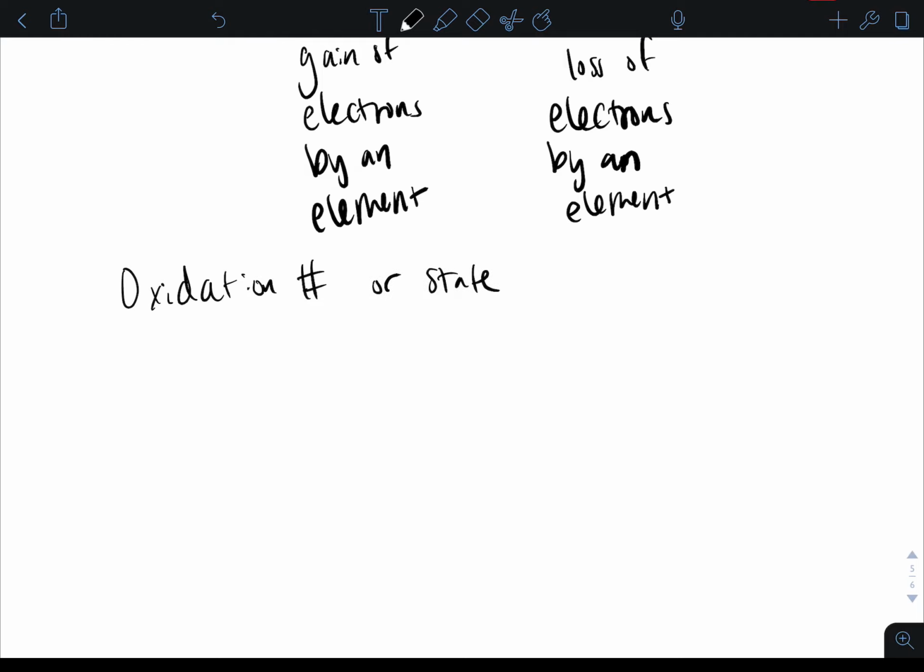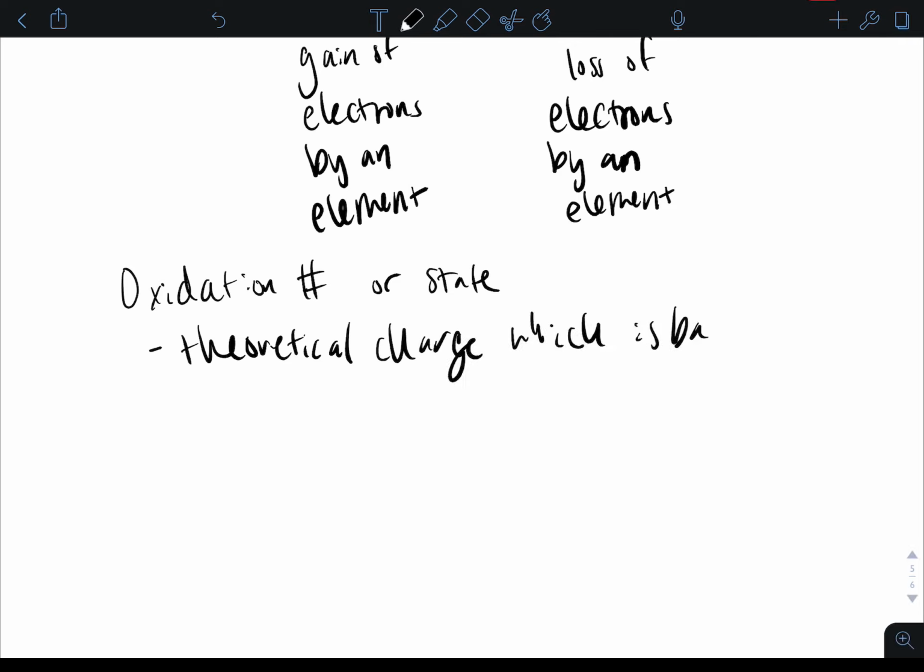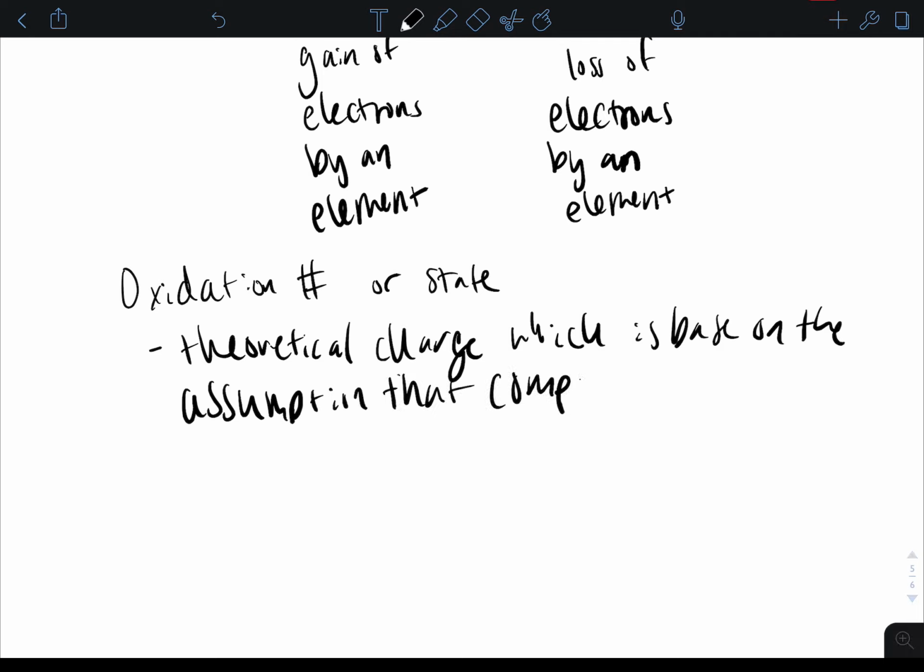And this is a theoretical charge which is based on the assumption that the compound you are looking at is ionic, which is not true.